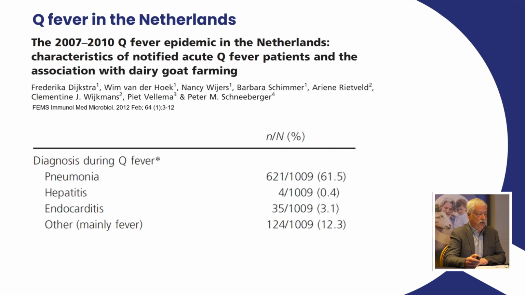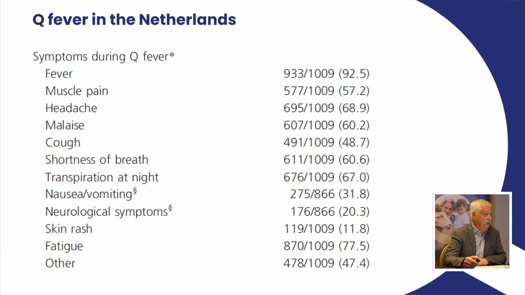Hepatitis is also quite often mentioned as a clinical sign of Q fever, but in the Netherlands this percentage was below 1%. Endocarditis is about 3%, and several others were also part of this clinical spectrum.